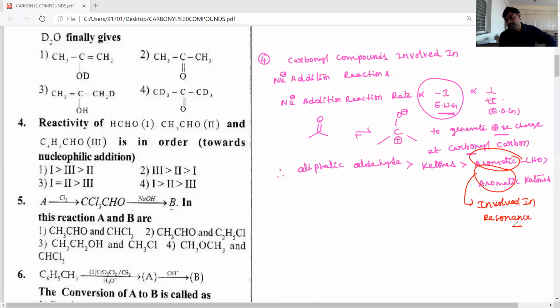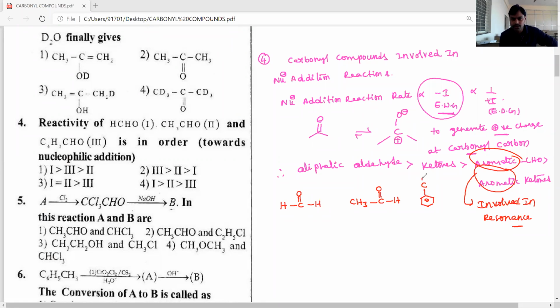So due to the resonance, their nucleophilic addition reaction rate decreases when compared to aliphatic carbonyl compounds. Okay, let's see the given question. Formaldehyde, HC double bond O H, another one is acetaldehyde, CH3 C double bond O H, and another one is benzaldehyde.